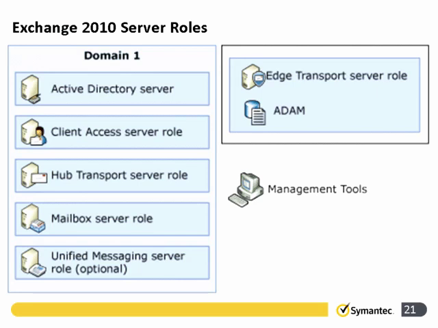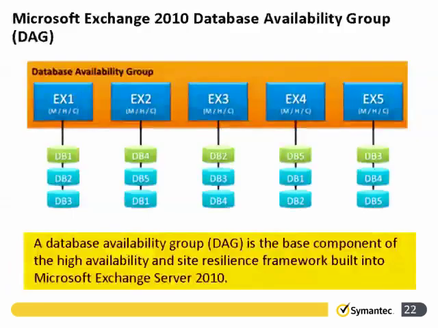Usually in most environments you will only have one machine that has the client access server role, and it acts as the traffic cop. I may have several machines that are hub transport roles or mailbox server roles. When we look at backing up Exchange 2010, Backup Exec understands these different roles.